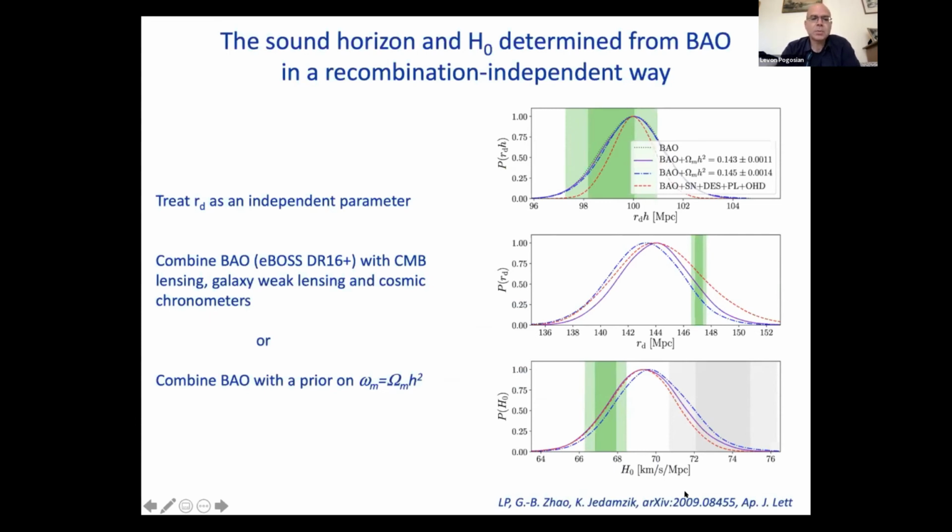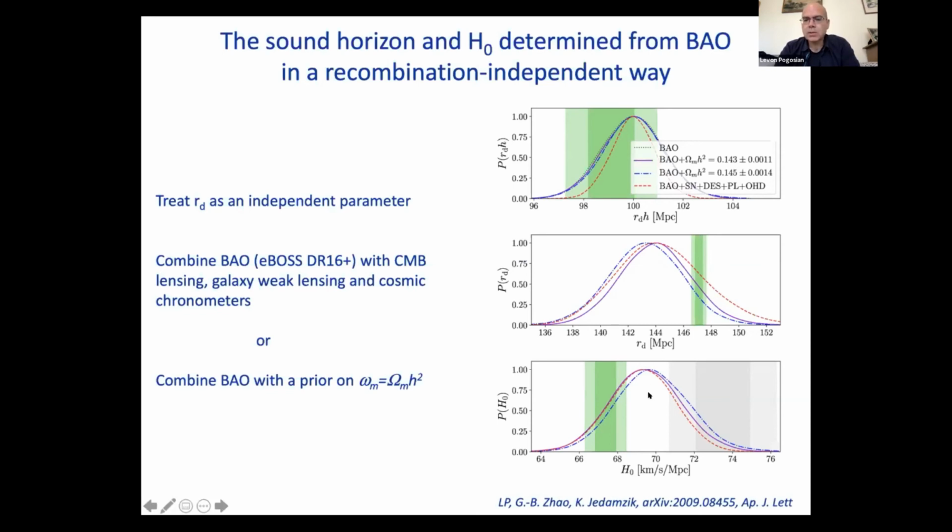For example, you could just put a prior on omega matter h squared, or you could use galaxy weak lensing or CMB lensing. And then you can see that the tension between BAO and SH0ES disappears. So if you look at these plots, BAO is quite happily in the middle between Planck and SH0ES.